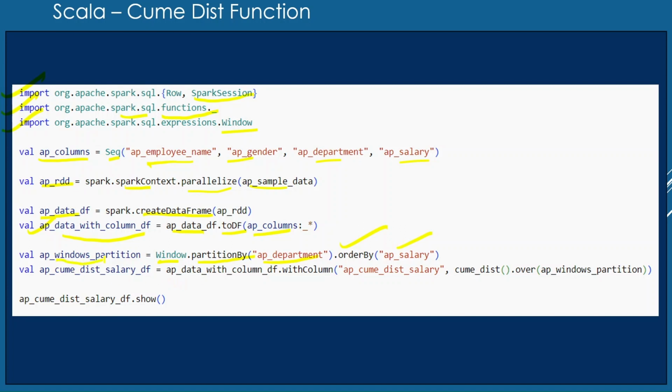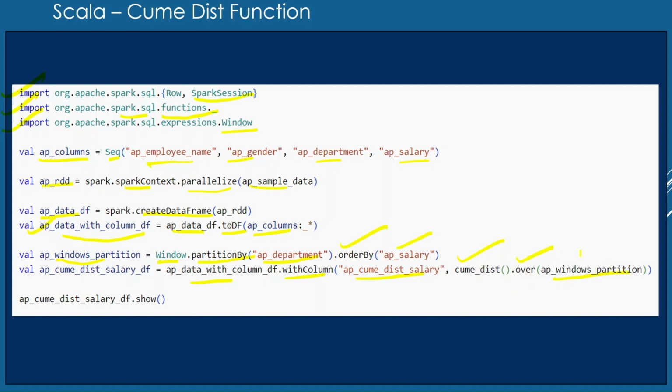Once this window partition gets created, I am creating this column with the help of the withColumn function on top of this data frame. How will this column value be populated? The column will be populated by using the cumulative distribution function on top of the window partition. We define the window partition with the help of an over clause, and we pass the partition strategy.